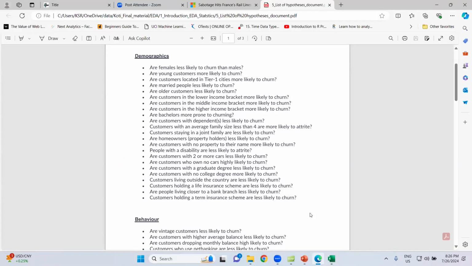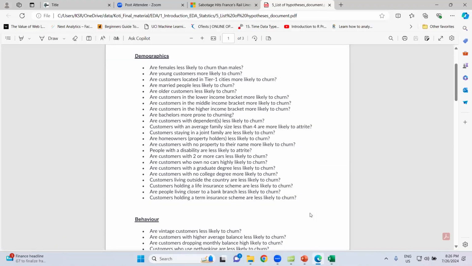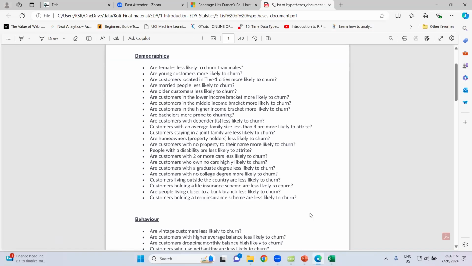Are old customers less likely to churn? Age, already age is covered. Are customers in the lower income bracket more likely to churn? That means income or balance, salary or income. Middle will also come higher. Are bachelors more prone to churn?